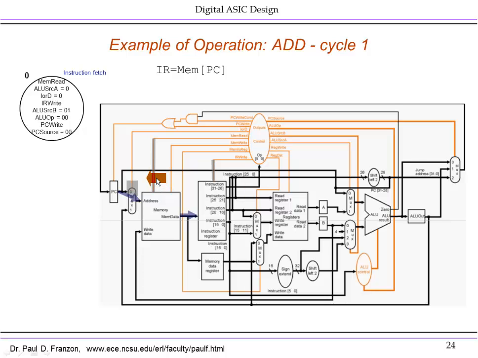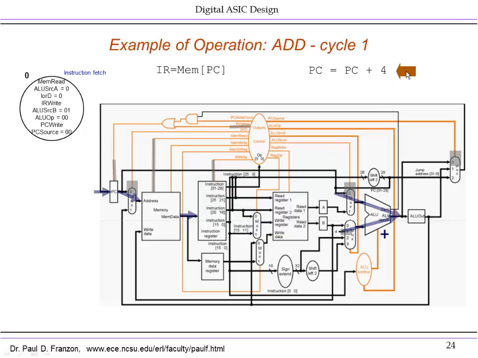We set memread to 1 to tell the memory to actually do a read. We set IR write to 1. That is the write enable for the instruction register. So what happens in essence, program counter goes to the address port of the memory. Instruction comes out of the data port, and because of this write enable is written to the instruction register.